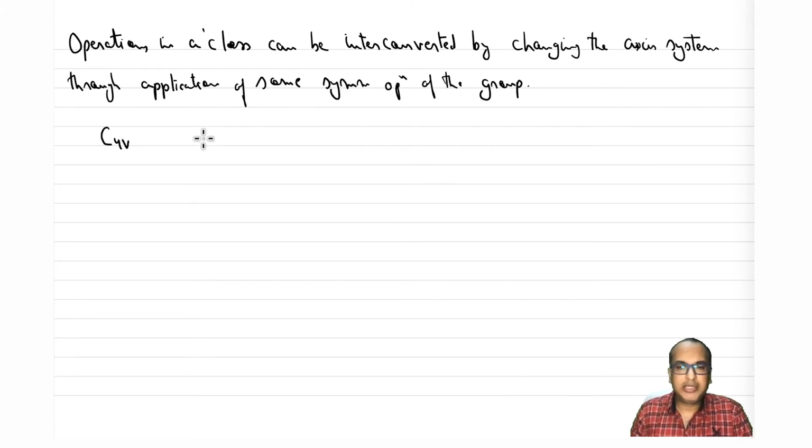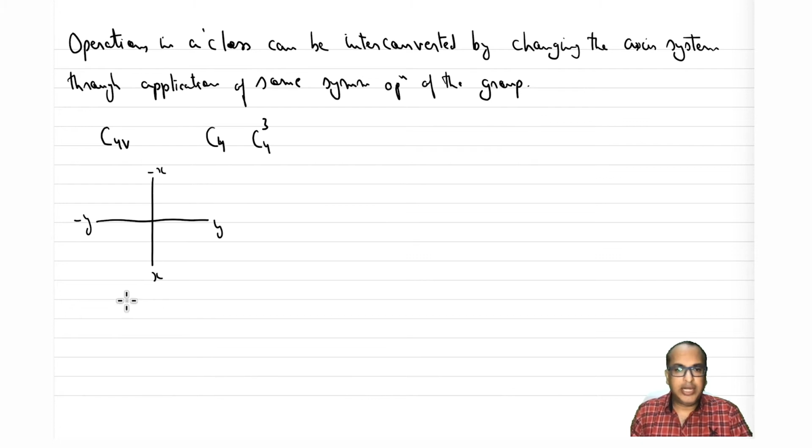So the meaning is, let us consider C4 and C4 cube, which belong to the same class. We should have all worked out by now. So let's take the coordinate system: x, y, minus x, minus y.